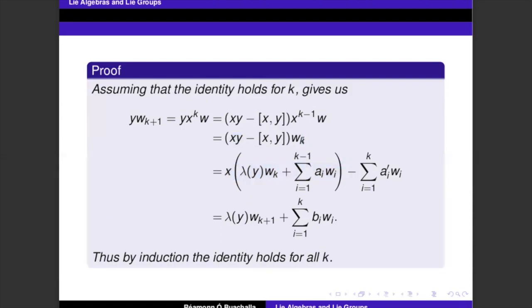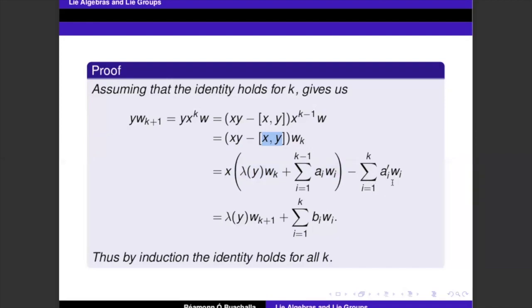Now, we move on to the next one. Well, this element here is contained inside the ideal I, and this wk is lower down, so we can use the inductive hypothesis again. And here we're not going to write it in terms of lambda because we don't really care that much, and we'd have to write it in another term.